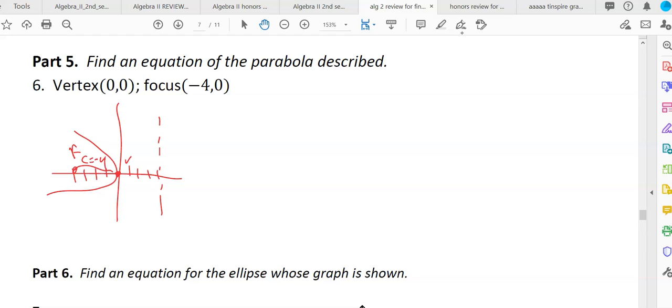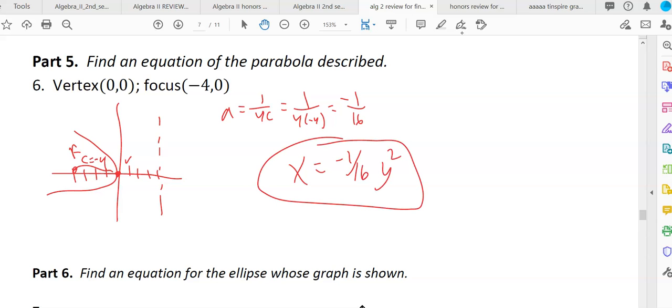We know it's negative because it's opening in the negative direction here. So I need to find a. So a equals 1 over 4c. So 1 over 4 times -4. So -1/16. So x equals -1/16 y squared. So it's a parabola opening left.